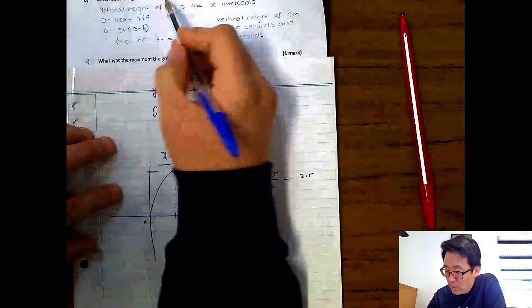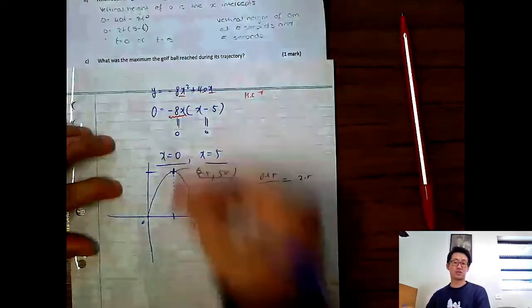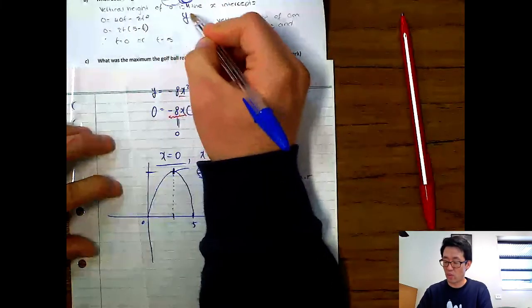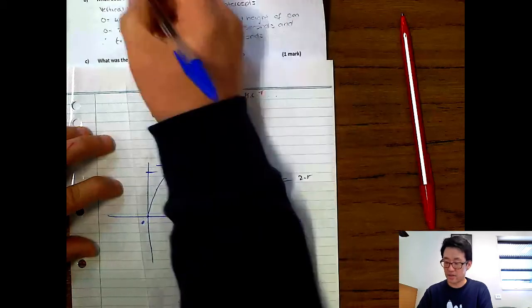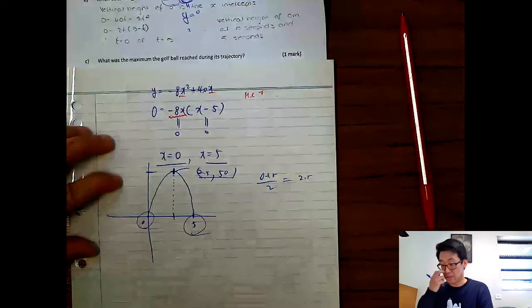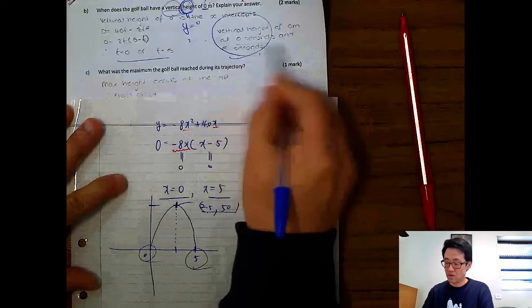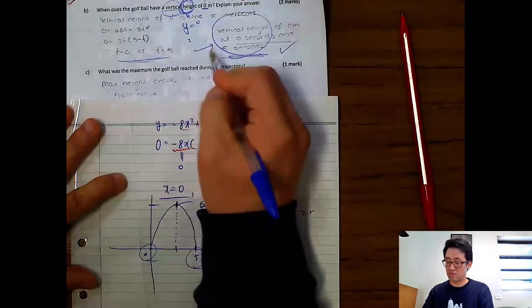When does the golf ball have a vertical height of 0? When vertical height is 0, which means in this case vertical height is y, when y equals 0, which means the x-intercepts, these two, 0 seconds and 5 seconds. You need to write it down. It was 0 seconds and 5 seconds. Make sure you write it down.